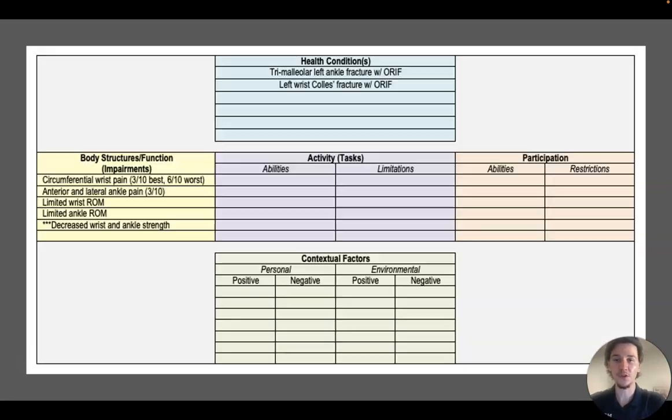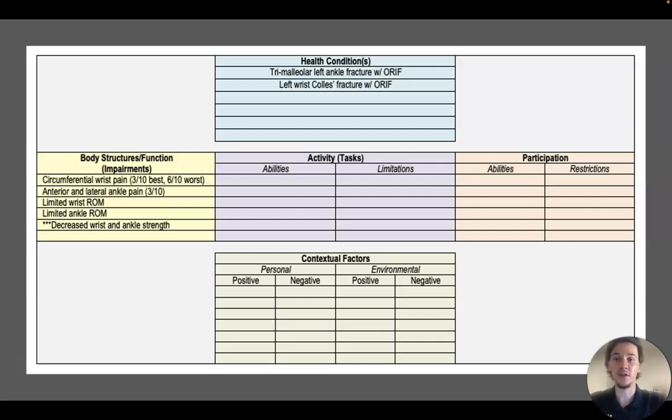So what those are going to include, we have her pain in her wrist and her ankle, but we're inferring that there's limited wrist and ankle range of motion because of the fact that she's had surgery on them. She's been healing them for 3 weeks, and she has not been partaking in any active exercise in those structures, so there's going to be some limitation in range of motion. And for the same reason, we are inferring that her wrist and ankle are also impaired with her strength. We can't test that on the initial exam, but it's inferable.